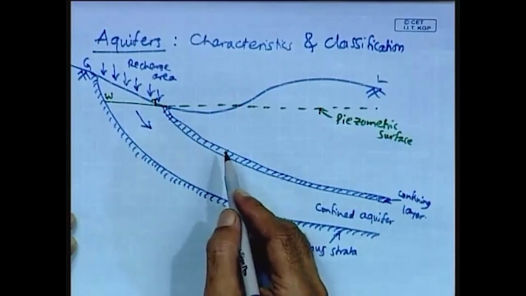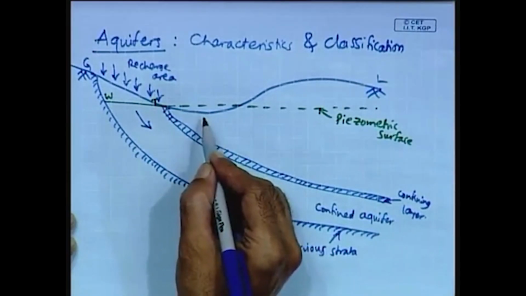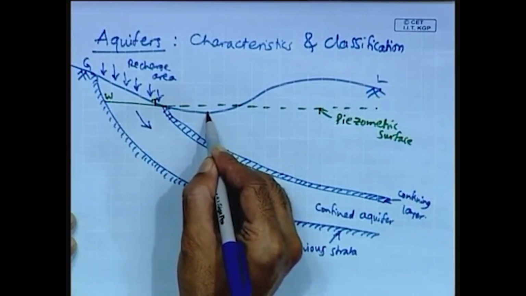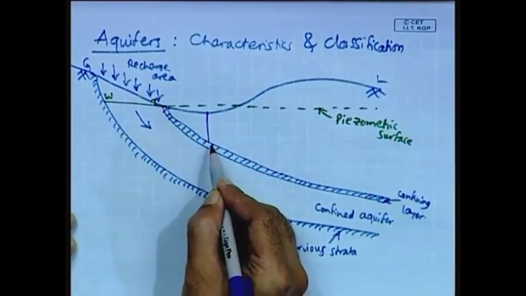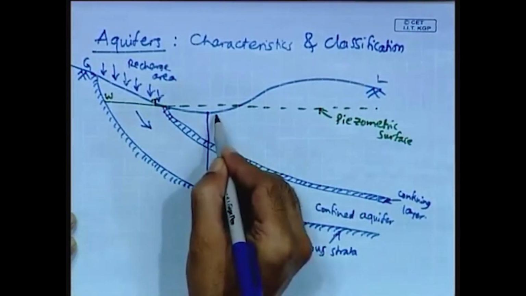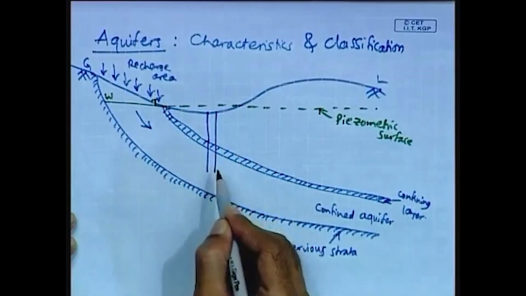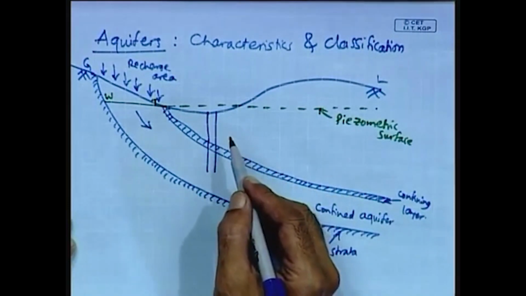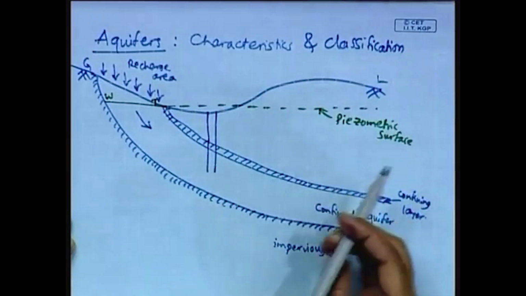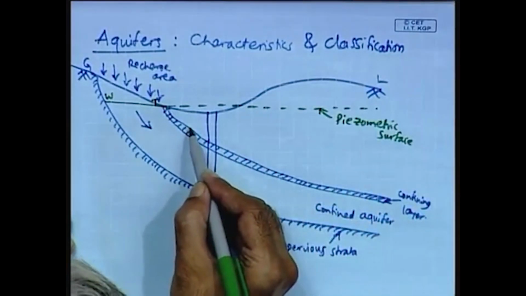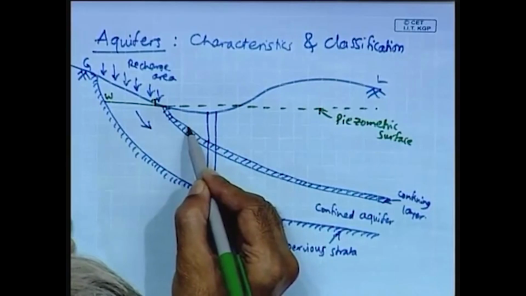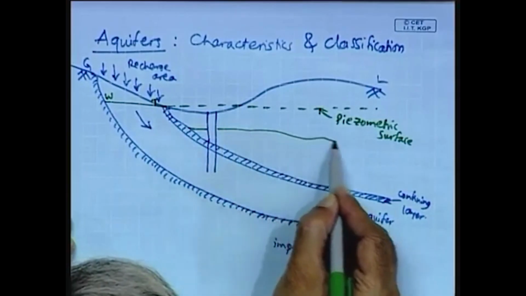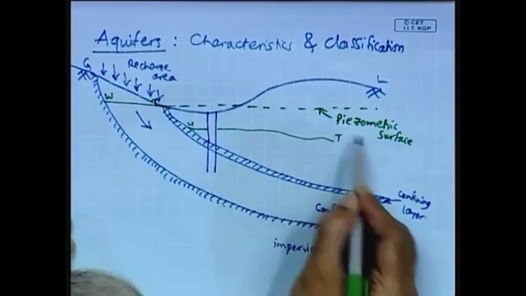And here, suppose we drill a well here, which penetrates all the way up to the confined aquifer, and here this one we may find, so this is water table.